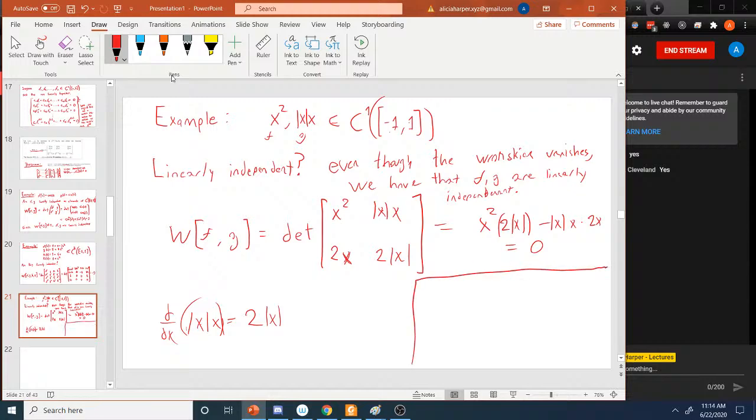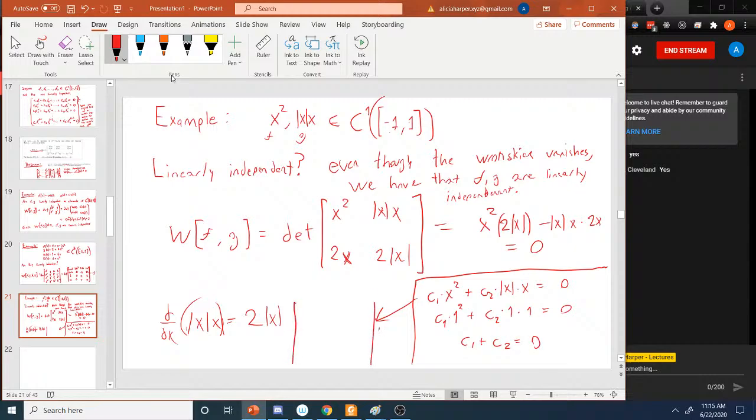Let's suppose that there's a linear relation between f and g. Say c1 times x squared plus c2 times the absolute value of x times x is equal to 0. I can evaluate this at multiple points. Namely, I can evaluate it at 1. If I evaluate it at 1, I get c1 times 1 squared plus c2 times 1 is equal to 0, which tells us that c1 plus c2 is equal to 0.